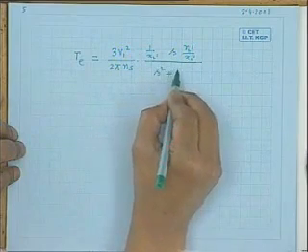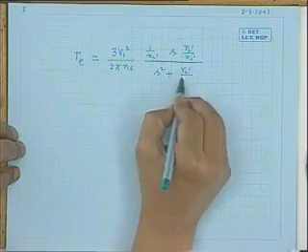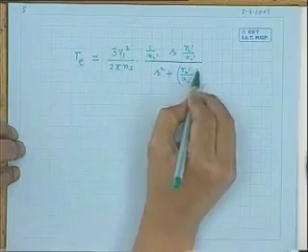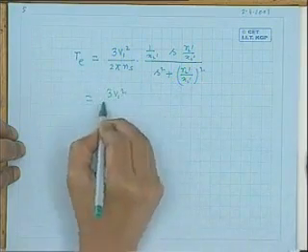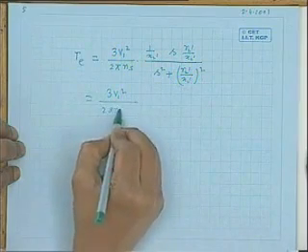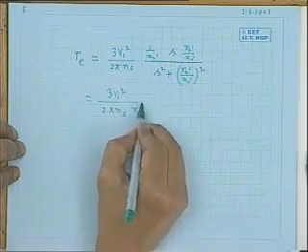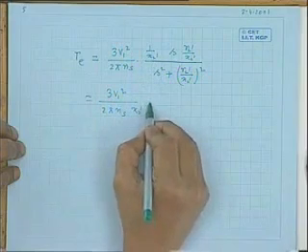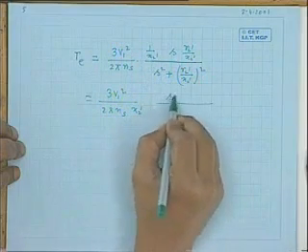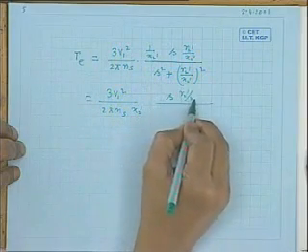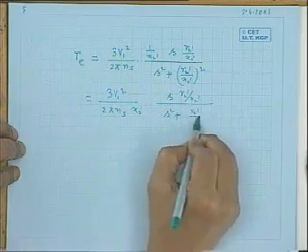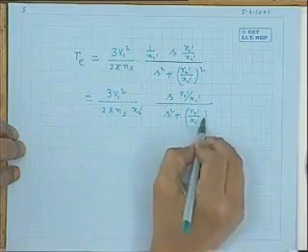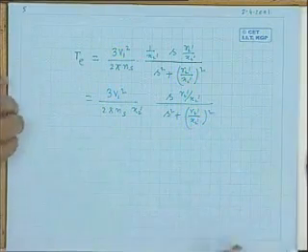Just some manipulation, and below it will be S squared plus R2 dashed by X2 dashed whole squared. So this will be 3V1 squared by 2 pi ns into X2 dashed. This X2 dashed comes here, and on the top you have S into R2 dashed by X2 dashed, divided by S squared plus R2 dashed by X2 dashed whole squared.